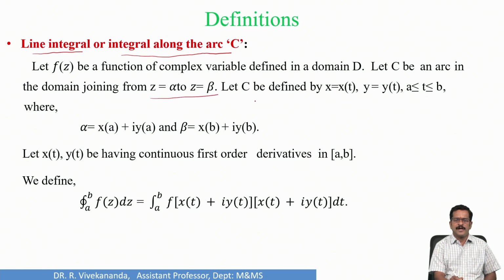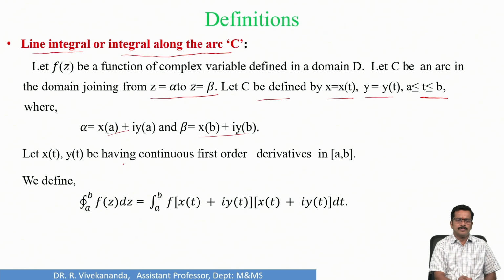Let C be defined by x equals x(t) and y equals y(t), where t takes values from a to b, and alpha is the complex variable value at a, and beta is the complex variable value at b.